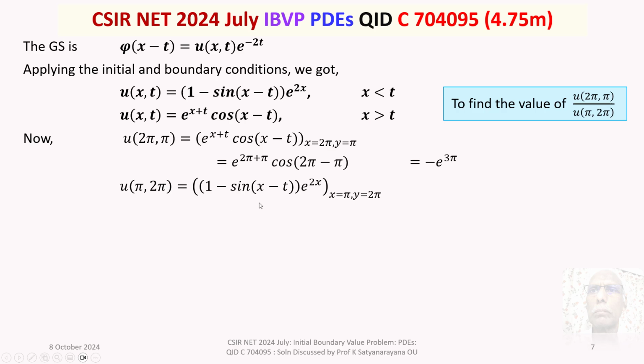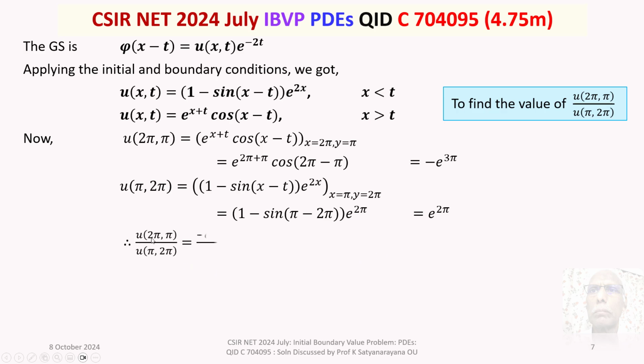Now substitute in this. 1 minus sine of (pi minus 2 pi) into e to the power of 2x, that is x is pi, that is 2 pi. And this is sine of minus pi. Sine of minus pi is minus sine pi, minus into minus plus, and sine pi is anyway 0. So 1 into e to the power of 2 pi, that is e to the power of 2 pi.